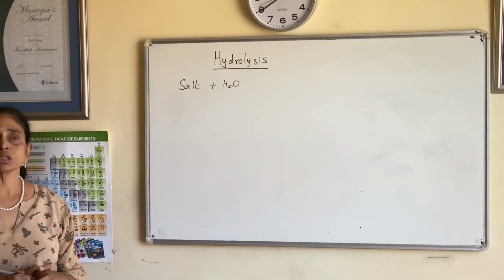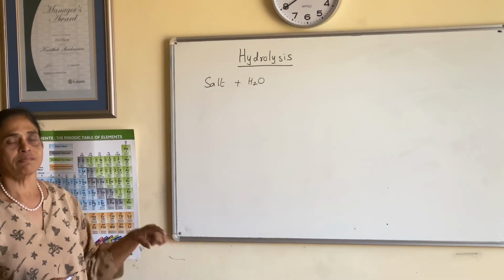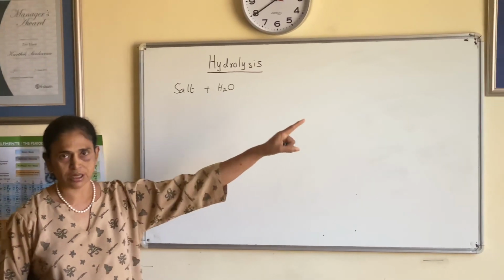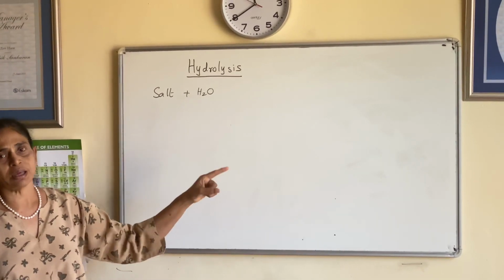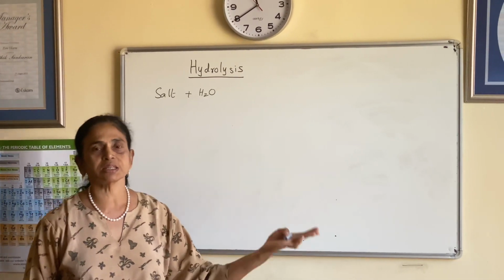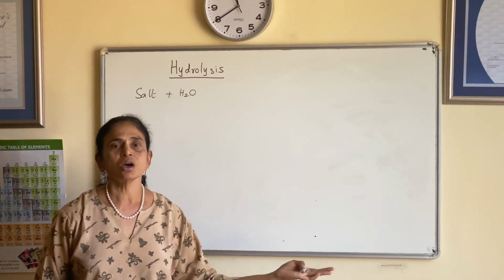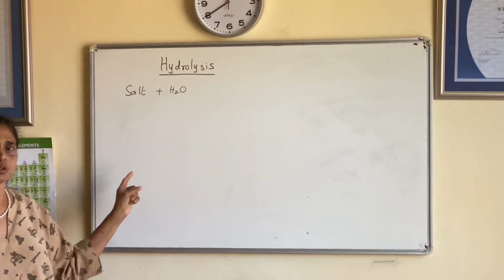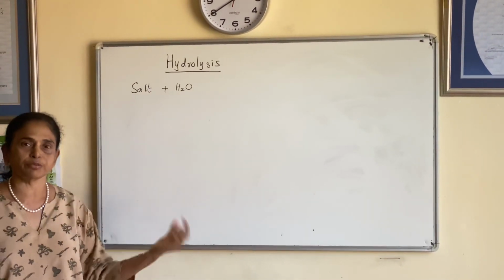Now the salt, how do you get a salt? When an acid reacts with a base, you get salt and water. Acid can be anything, hydrochloric acid or sulfuric acid or nitric acid or carbonic acid or oxalic acid, any one of the acids. But when it comes to bases, bases can be of different types.